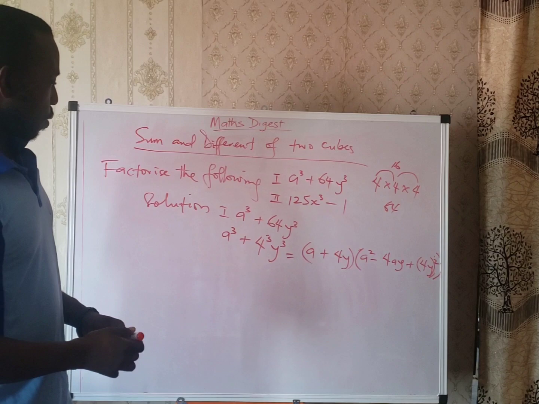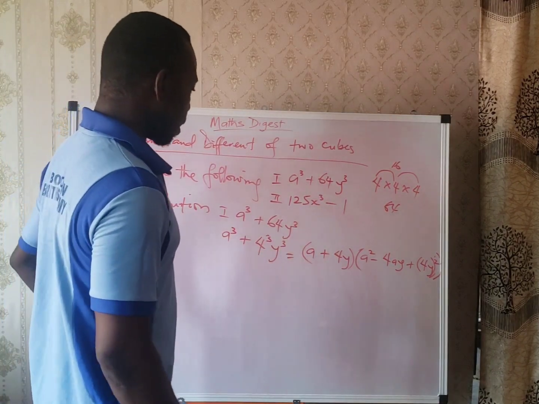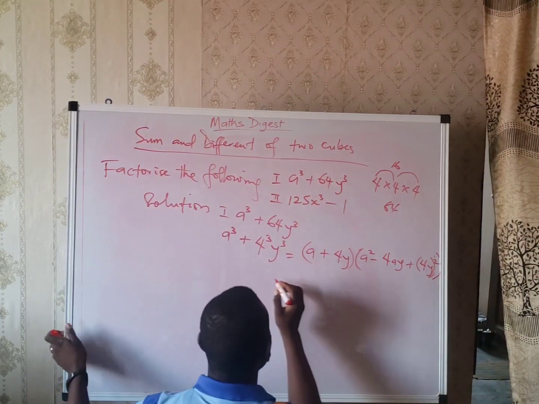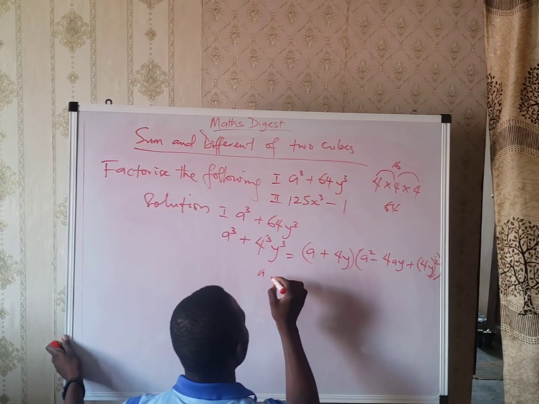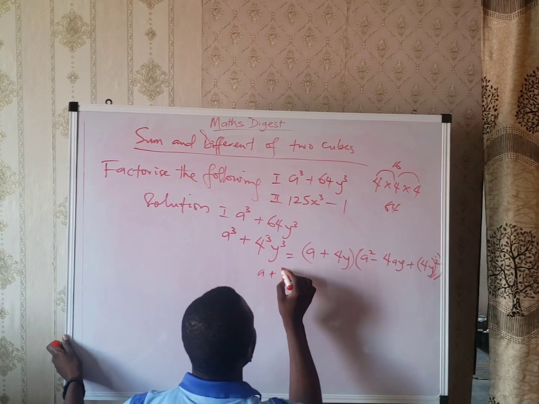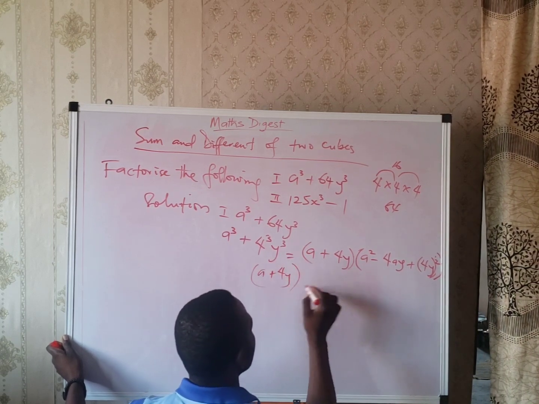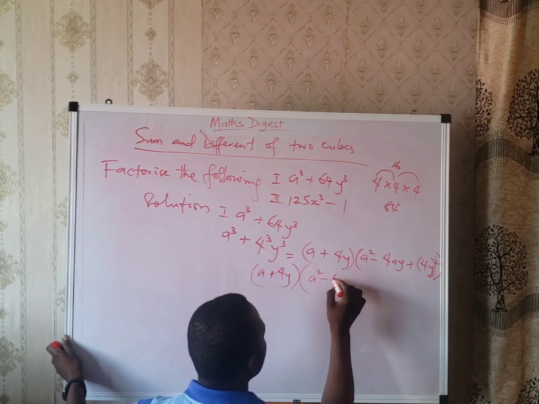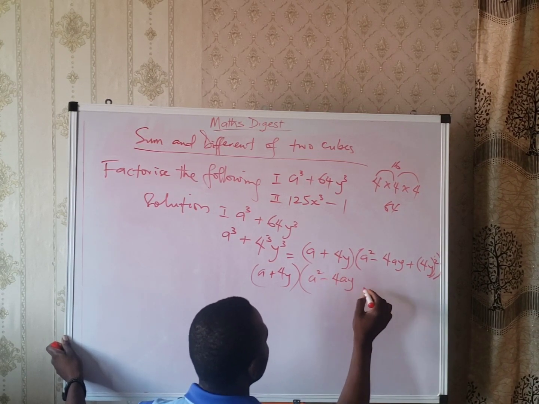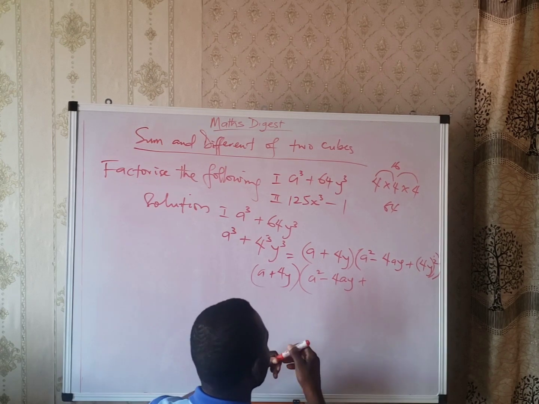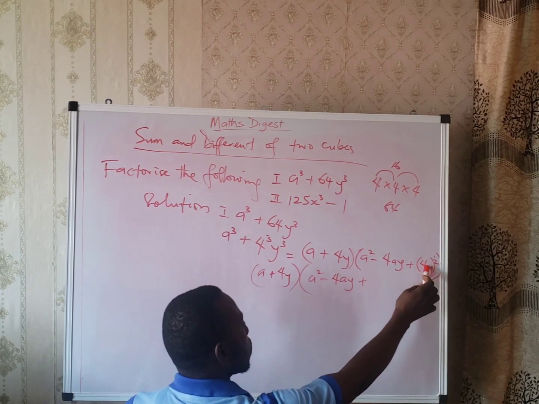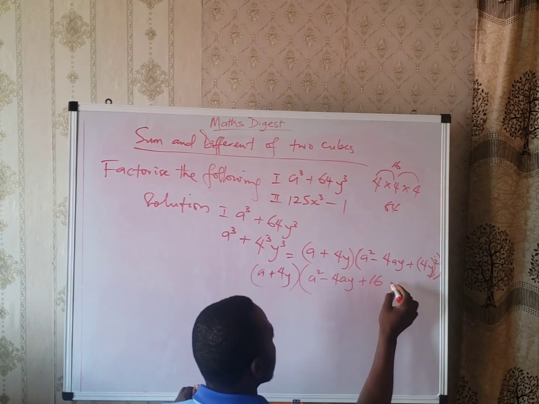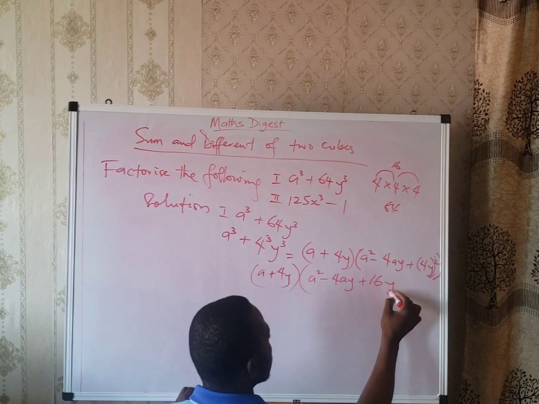With this, we can further say a plus 4y in brackets, a squared minus 4ay plus 4 times 4, which gives us 16, and we return y squared.